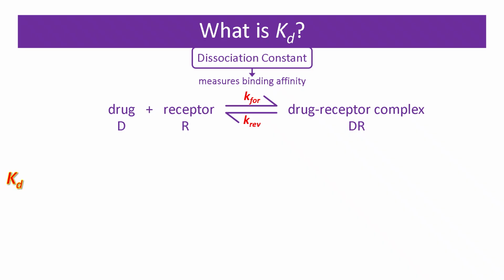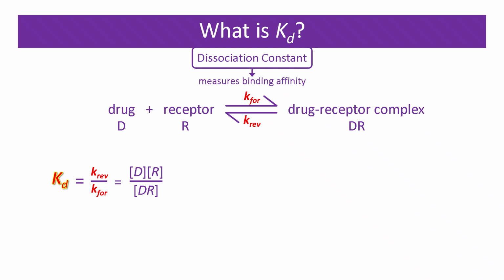The dissociation constant is defined as the ratio of these two processes, Krev divided by K4. It can also be expressed as the concentration of free drug multiplied by the concentration of free receptor divided by the concentration of drug receptor complexes.